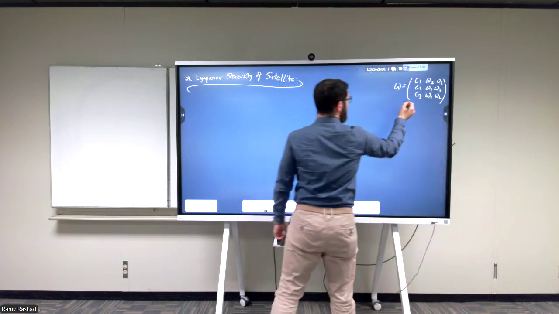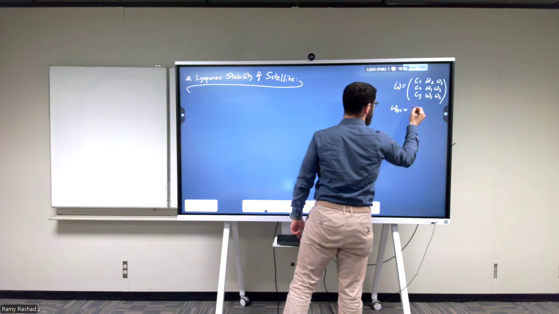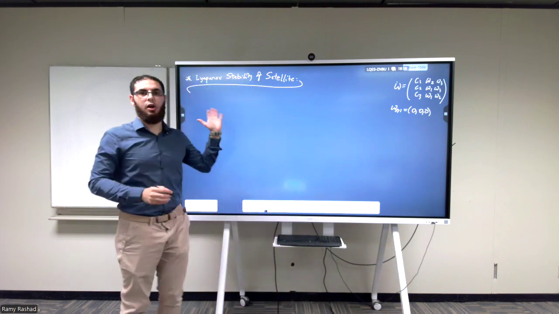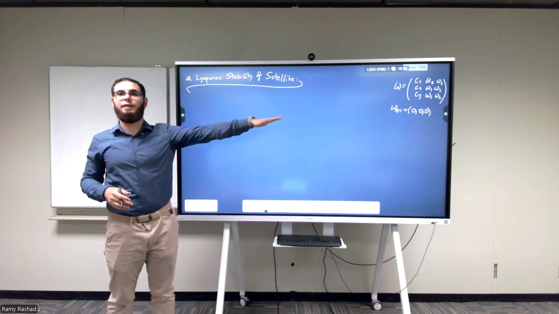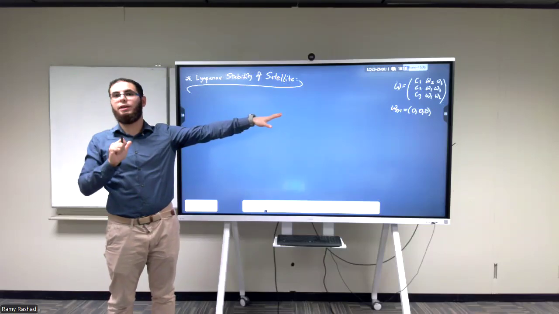So this system had one of the equilibrium points at 0, 0, 0. Let's try to start with Lyapunov and try to prove that this equilibrium point is stable.